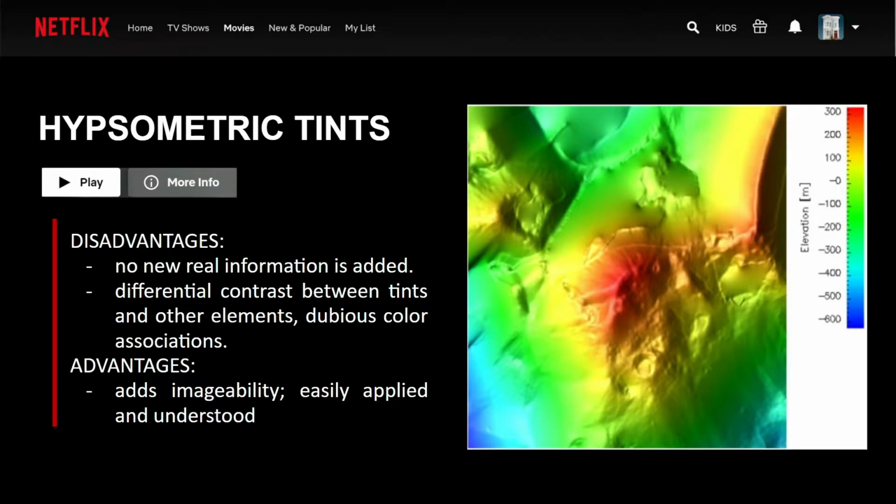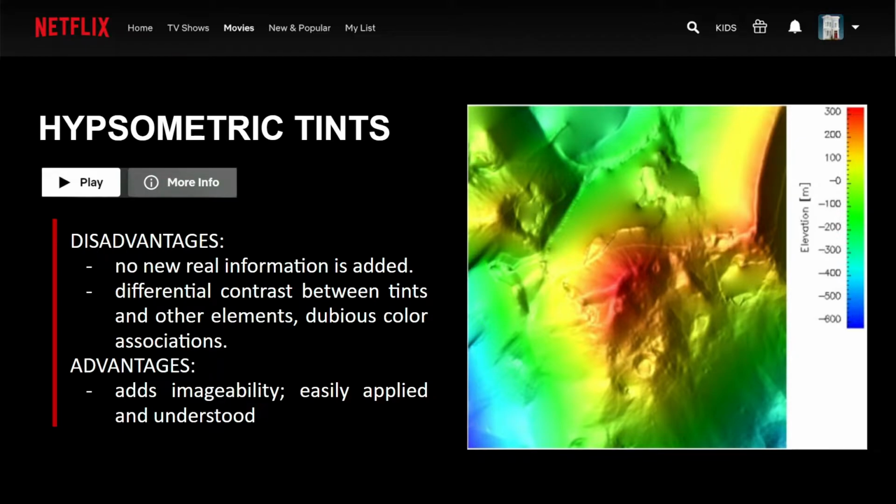You're just giving color to the different depths on that map, and there is differential contrast between tints and other elements, and dubious associations. Others may think that the green part is a forest, where in reality it shows the difference in depth compared to the parts marked orange or red.